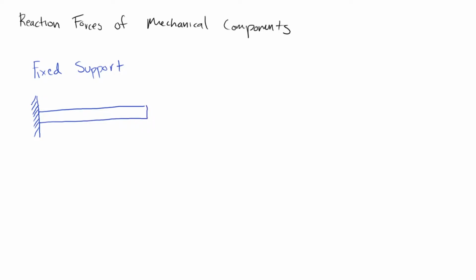And basically, if there's a force being applied to it, let's say downward, there has to be a reaction force because we know this beam is in equilibrium. So wherever the force is being applied, we could say F. That means there's a reaction force over here or over there so that it doesn't move downward. Or if the force is going upward, then there's a reaction force going downward.